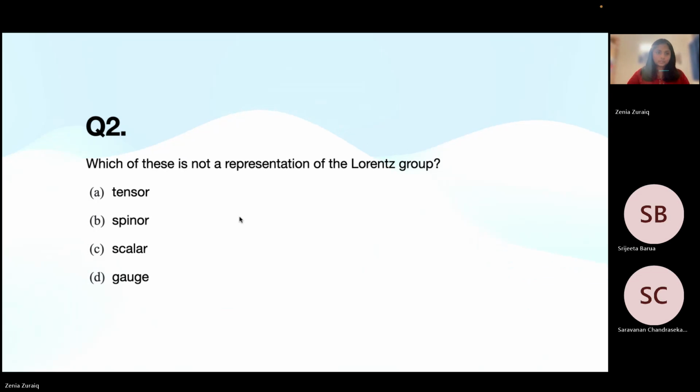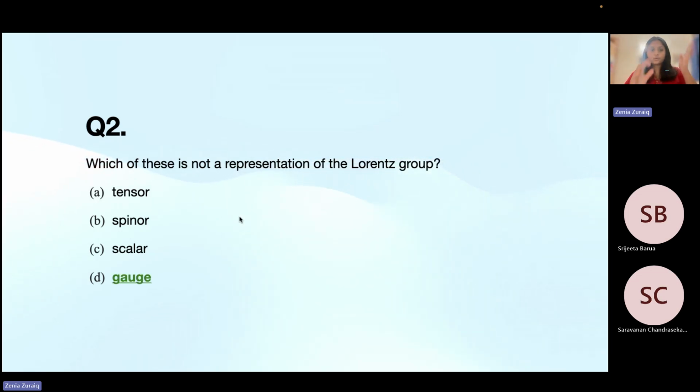Okay, next question. Which of the following is not a representation of the Lorentz group? Someone says D. D, okay, great.